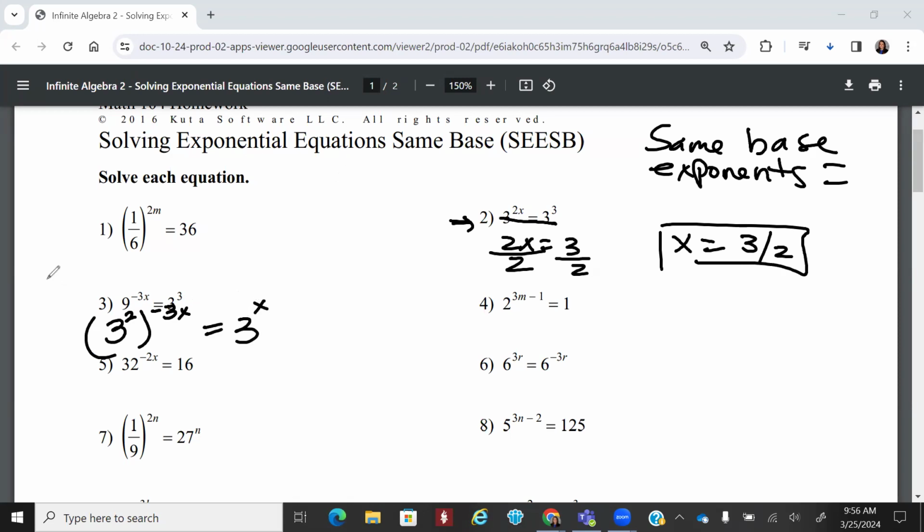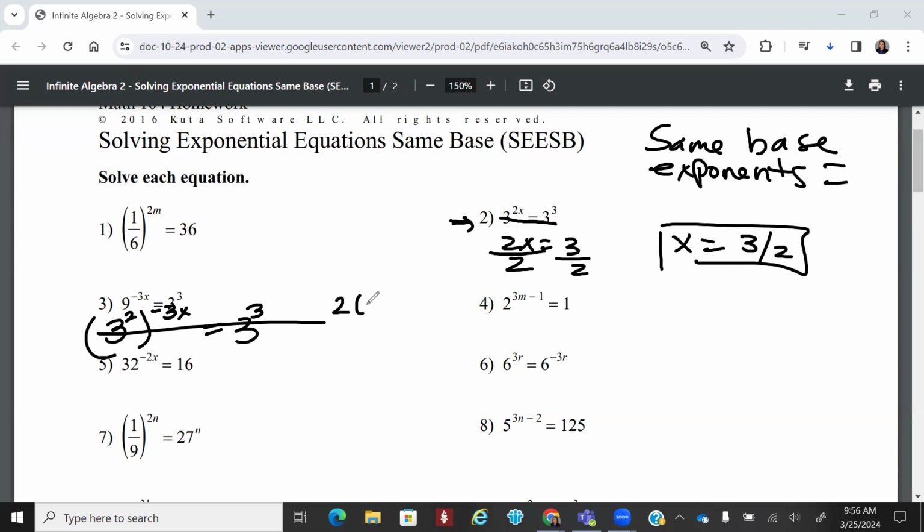So what I did was I rewrote that 9 in terms of a base of 3. Now, are the bases the same? Yeah, I can drop the base and look only at the exponent.